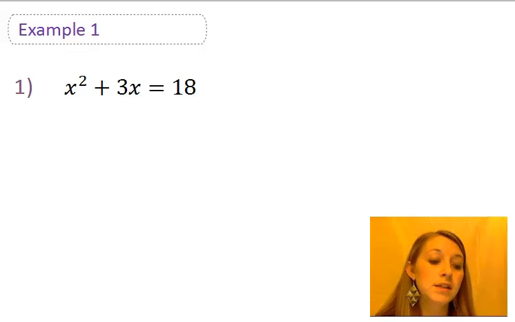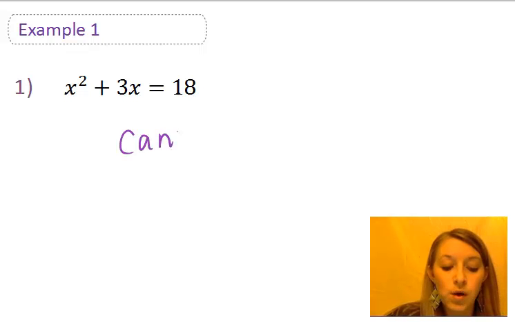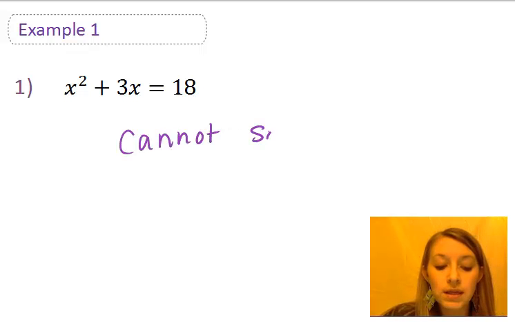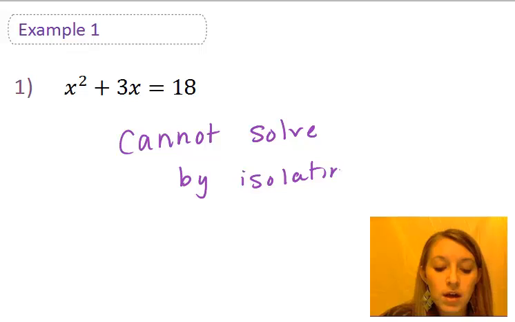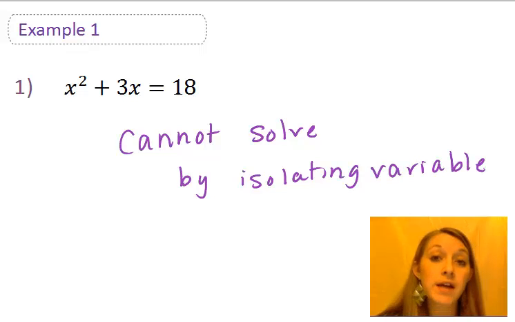Alright, now let's look at an actual example that we'll be doing here in just a moment. This example is x squared plus 3x is equal to 18. What I want you to notice is that you cannot solve this one by using your linear methods. You cannot solve it by isolating the variable. And the reason that you cannot do that here is because we actually have more than one variable term.